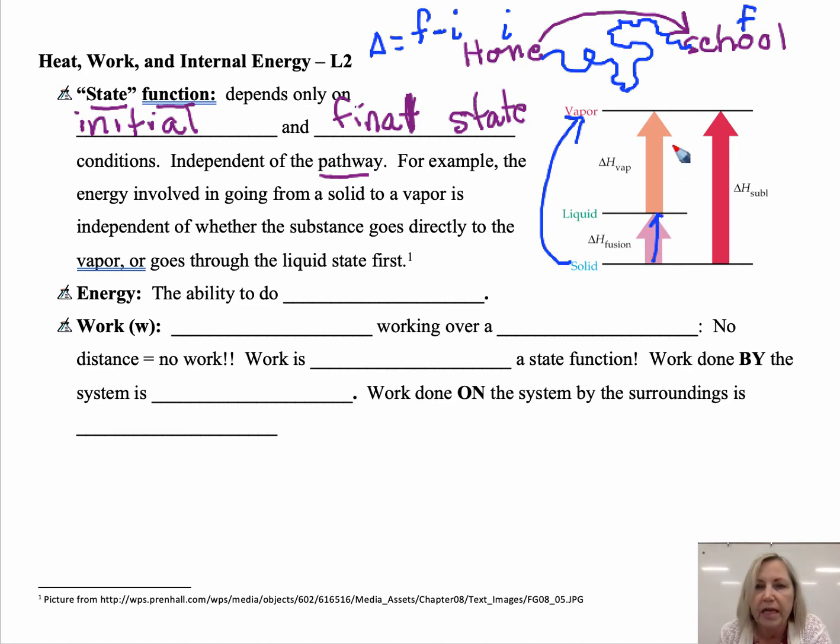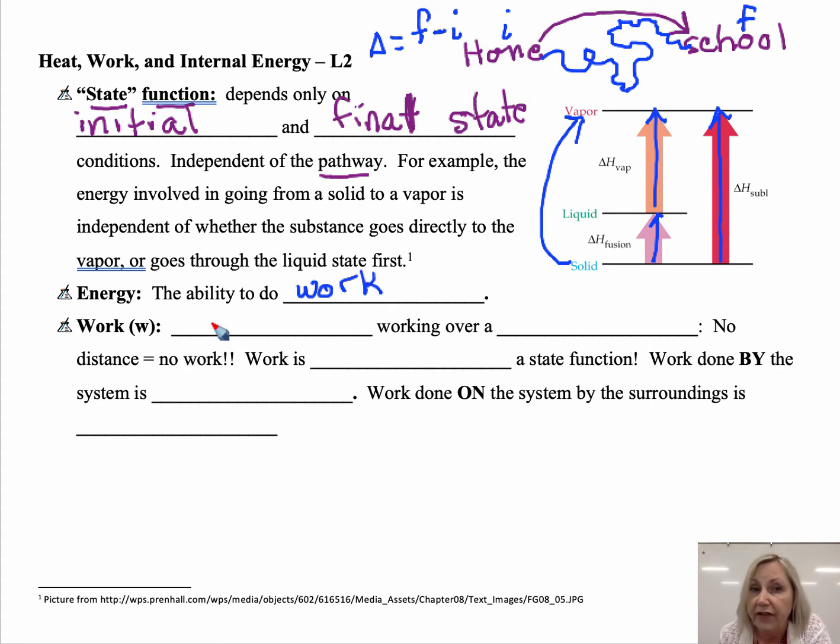I could go from solid to liquid first and then liquid to vapor, or I could sublime and go directly from solid to vapor. Regardless of which pathway I took, the energy involved, the enthalpy, would be the same. That's a state function.